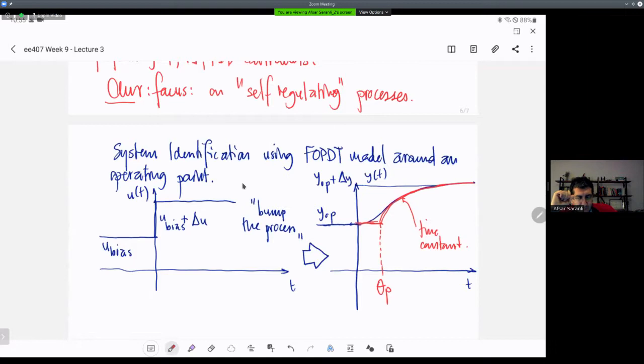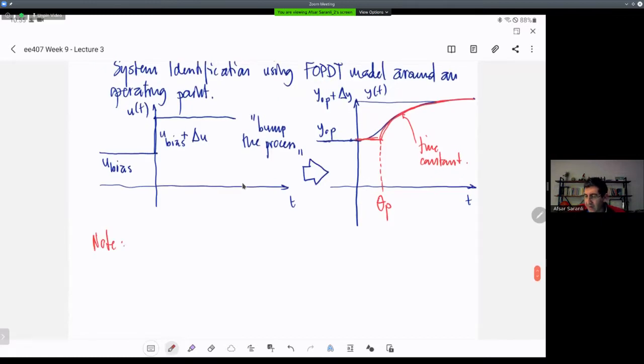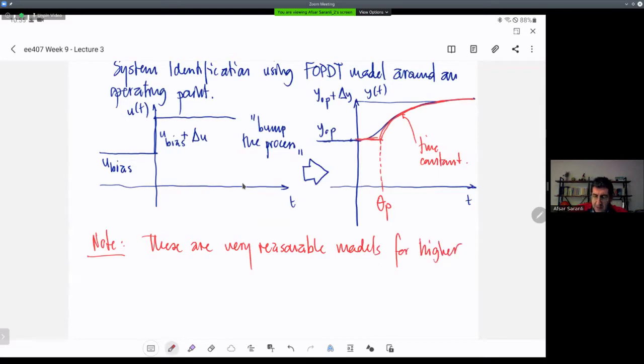Okay, so these are very reasonable models for even some higher order process models.